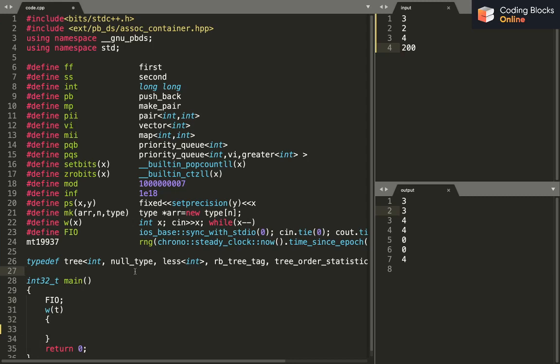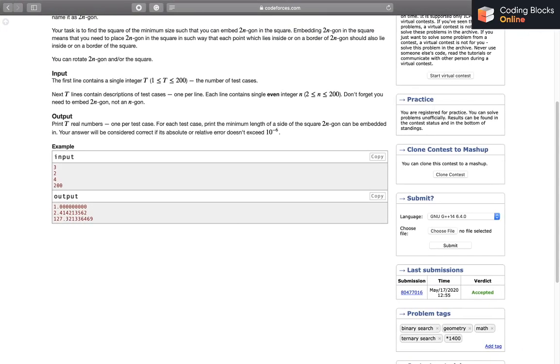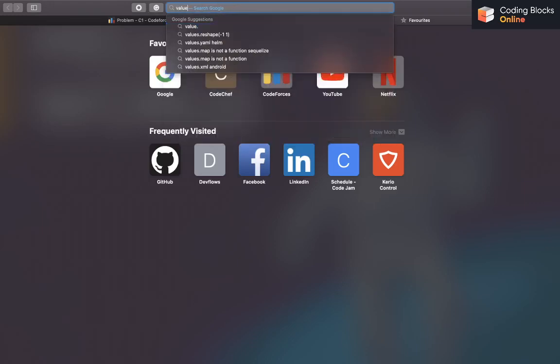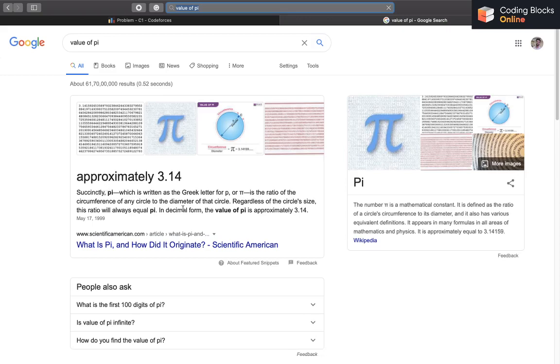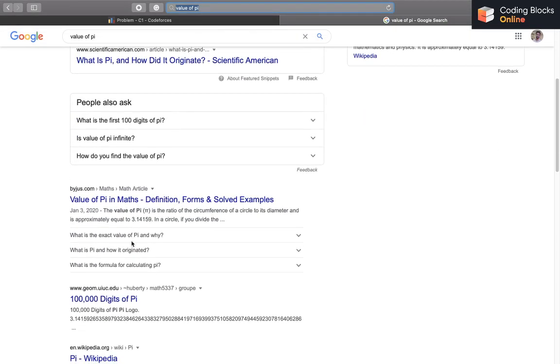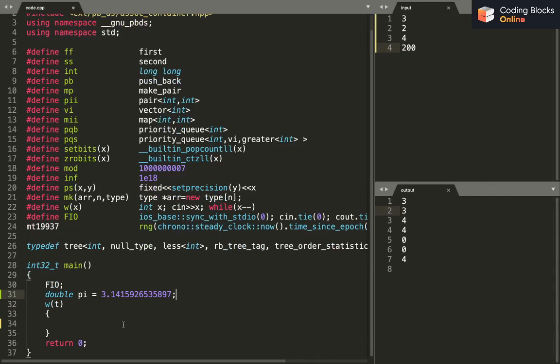I need the value of pi, or I can just say in double pi equals 3.14. I don't really remember the rest of the digits, so let's just Google the value of pi. Okay, this will do. I'm just copying the first few digits. Okay, got it.